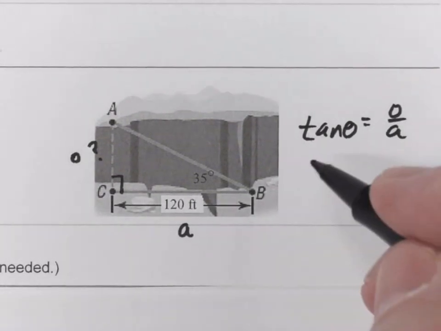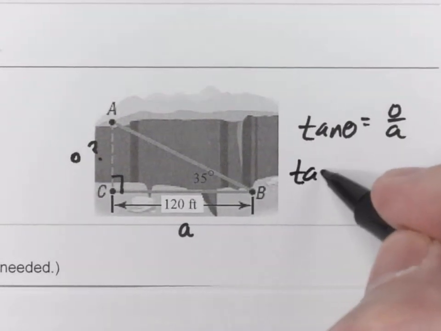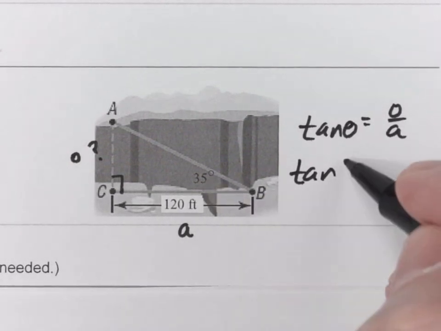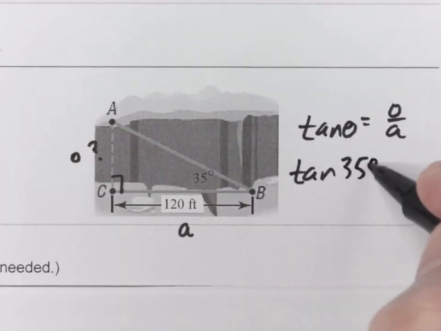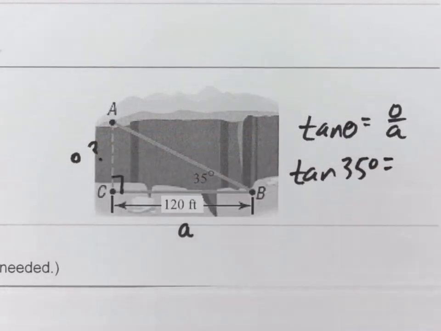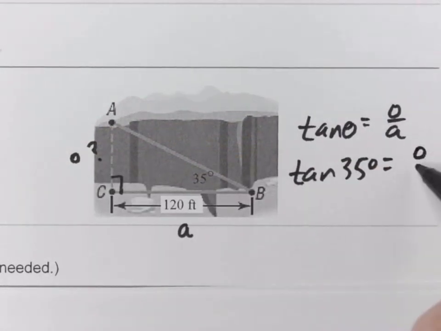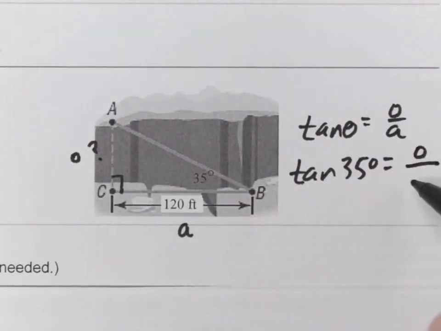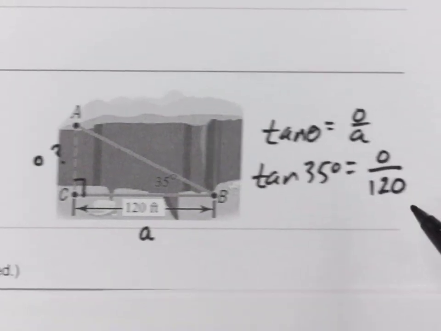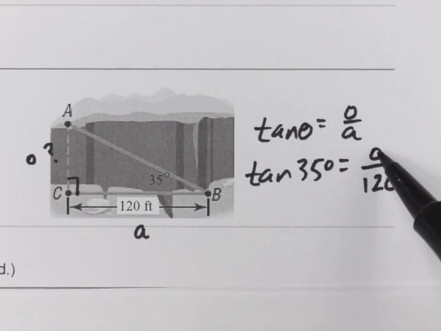So what I can do here is, the angle is 35 degrees. I don't know the opposite, but I know the adjacent's 120. And now, by doing a little bit of algebra, I can determine the value of the opposite.